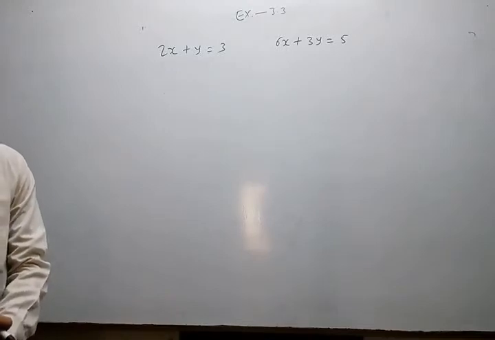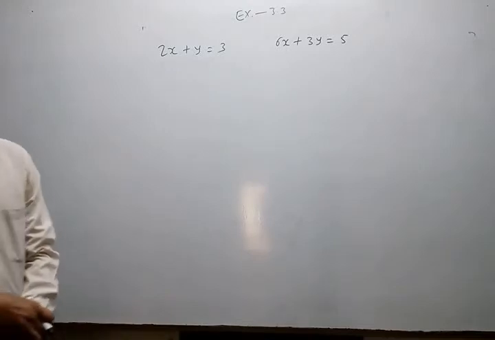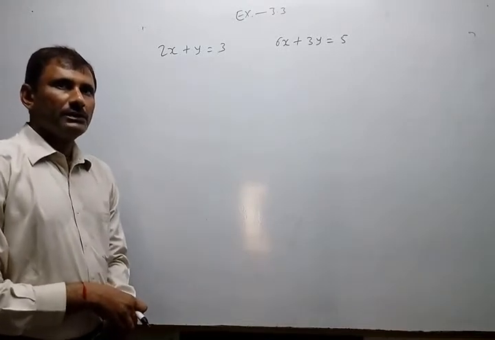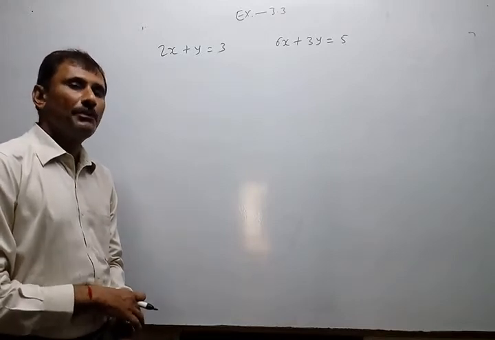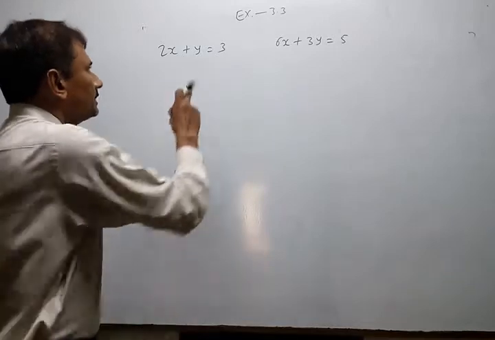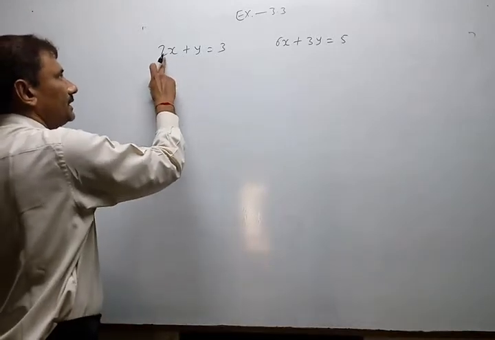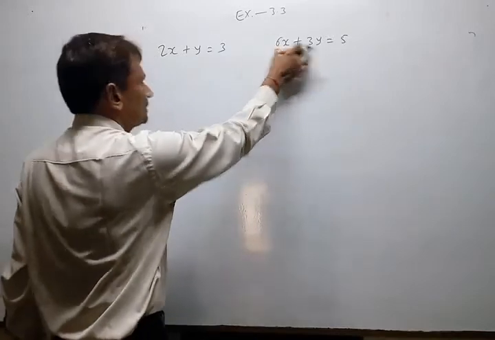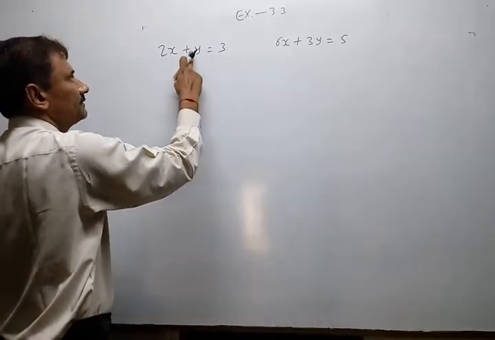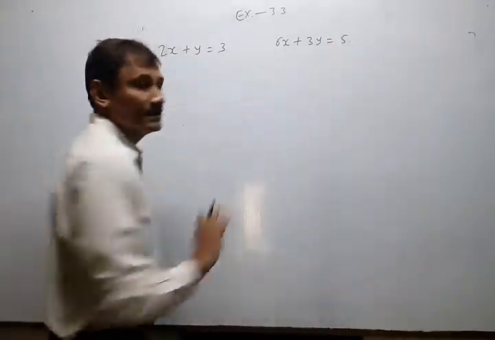In the earlier one you noticed that after multiplying one equation, you obtain the whole second equation. In this one, if you multiply by 3, then only the first two terms match: 2 3s are 6, 1 3s are 3, but not 3 3s are 9.